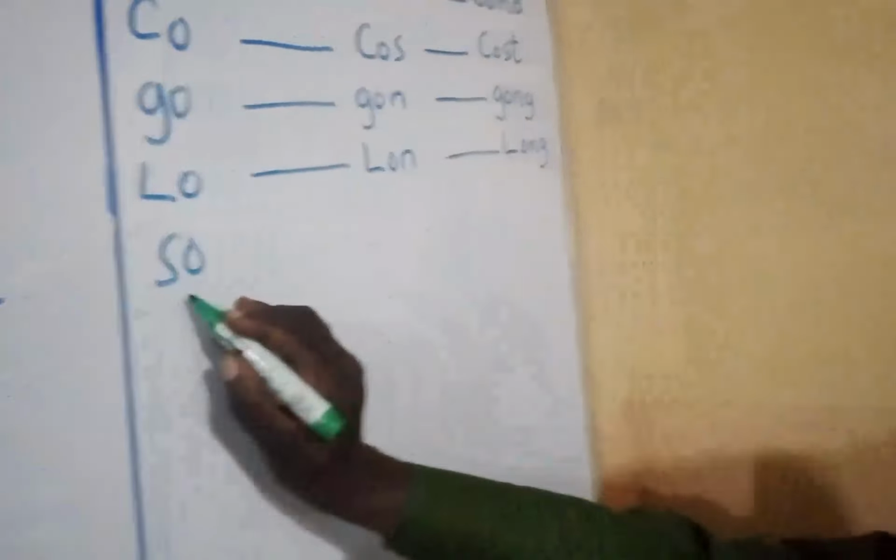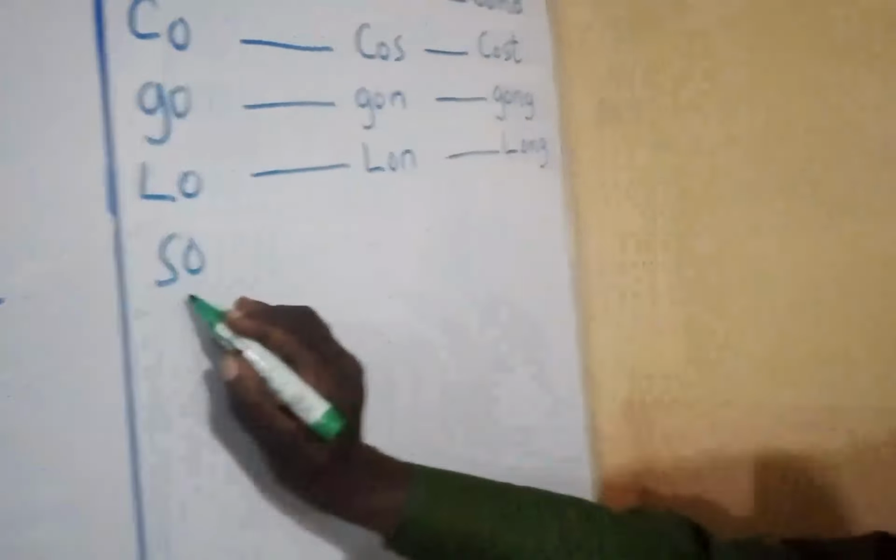It is called so. Now add another letter sound, which gives you sun. Add another letter sound and you produce song. Again, song.